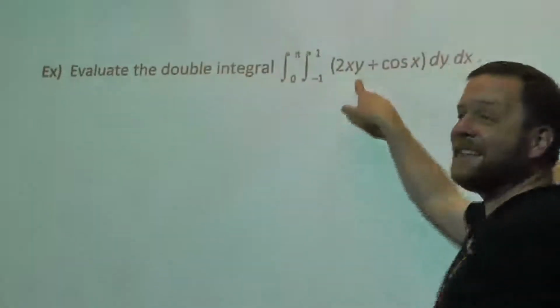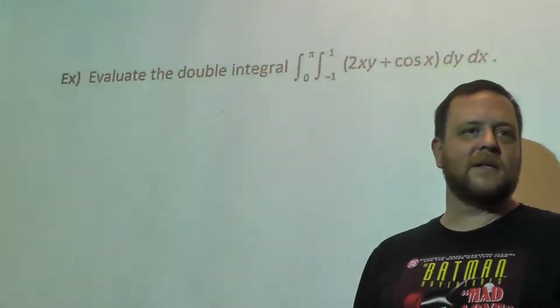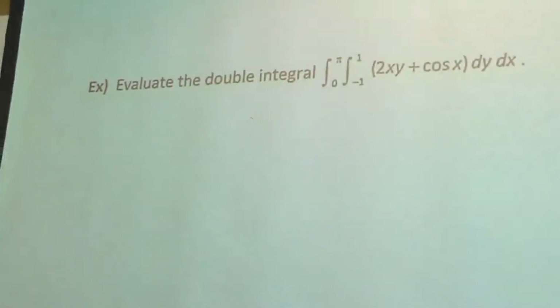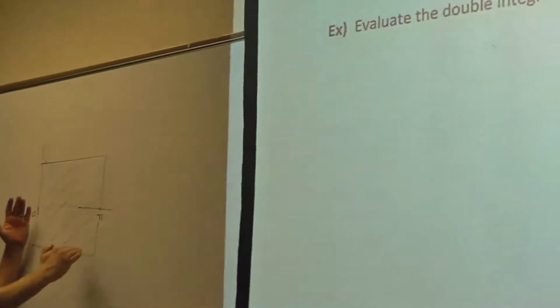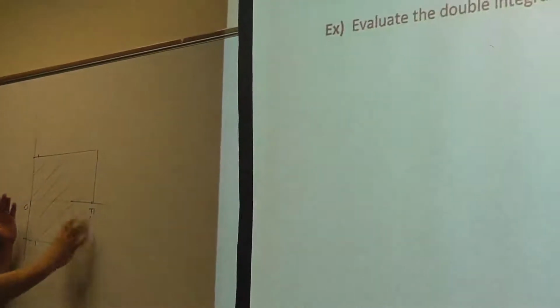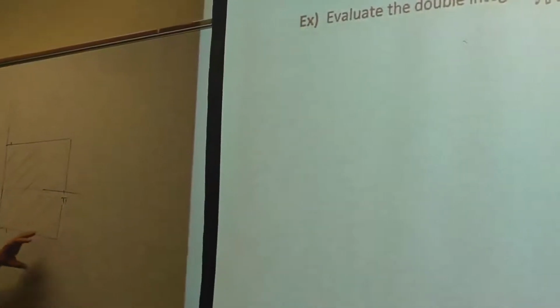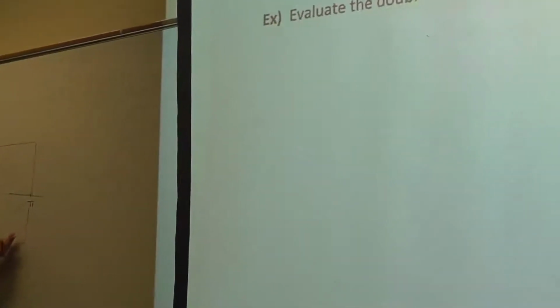But adding that to it, does that still guarantee that it's going to be positive? No, because your x values are positive, but some of these y values are negative. So right down here, your cosine's close to being negative 1. Your 2xy term is also going to be negative. Why?